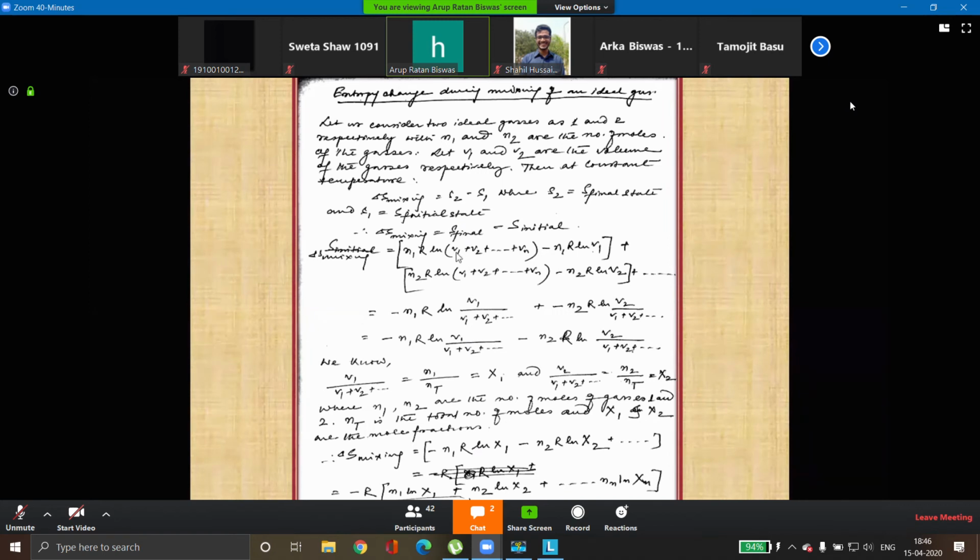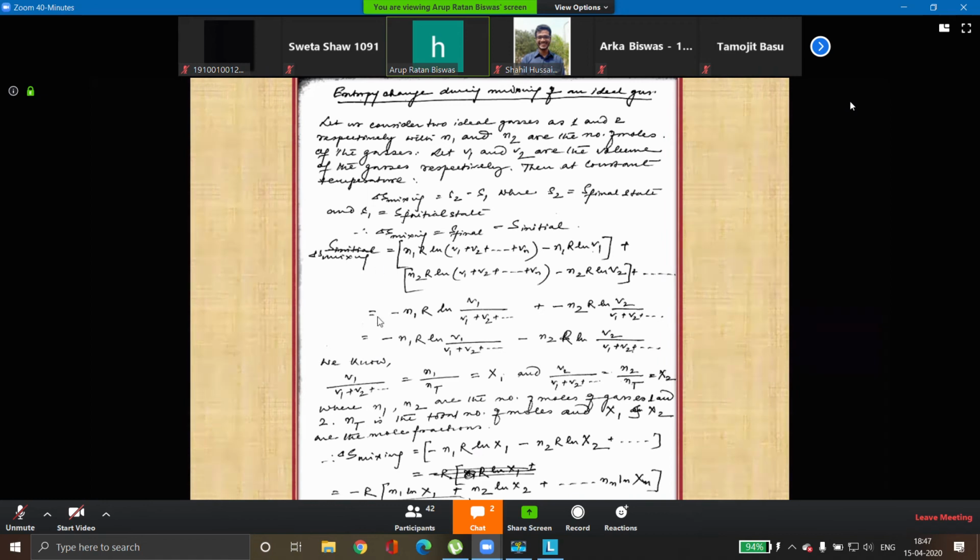These are the small changes in volume. Minus N1 R ln V1, where V1 will be the initial. Plus, this is one state change for one gas. If you take this for oxygen gas, then it mixes with hydrogen gas, the second gas. If it mixes with another gas, so on, it will continue.